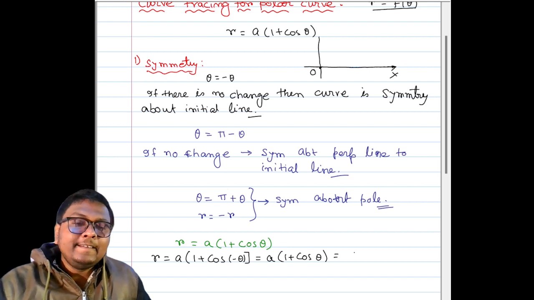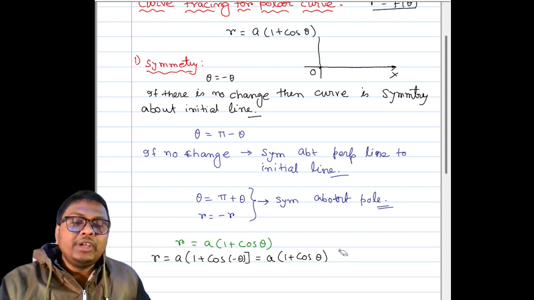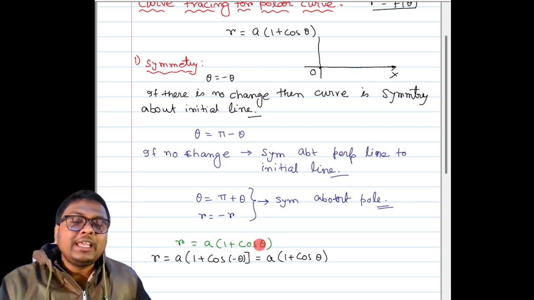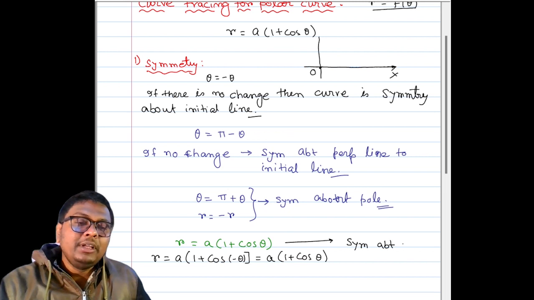So that is r equals a into 1 plus cos theta. After substituting theta equals minus theta, there is no change in the equation. So we can say this curve is symmetric about the initial line.